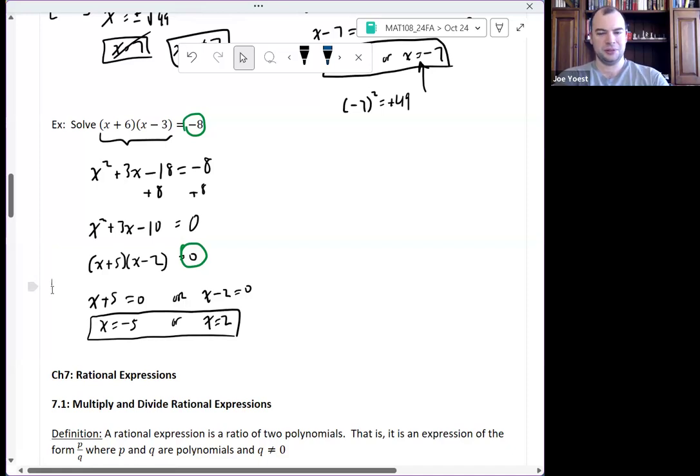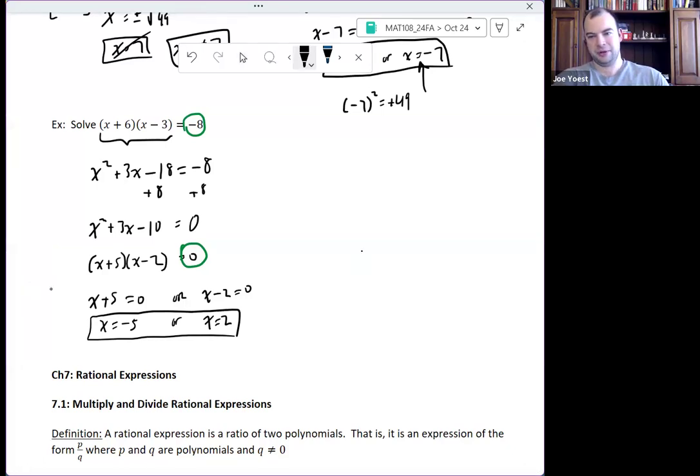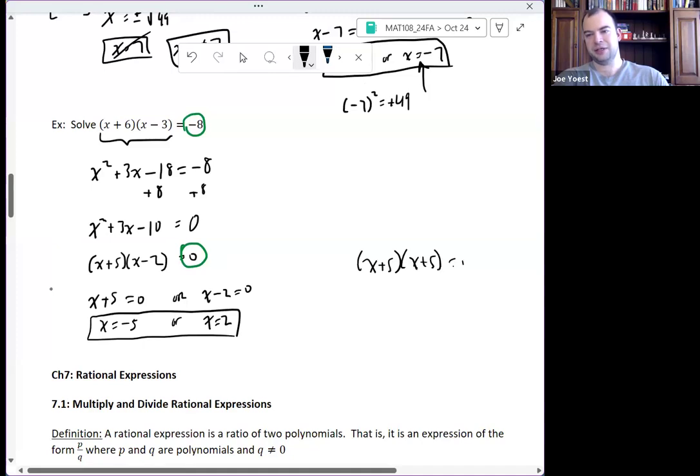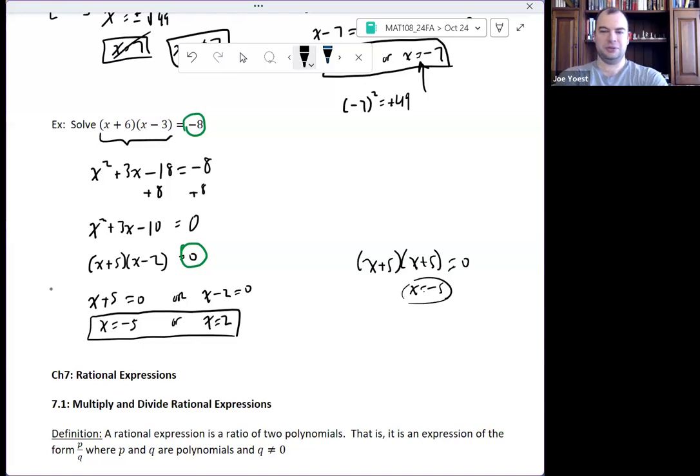Sometimes we can get one solution. For instance, if we had ended up with x plus 5 times x plus 5 equals 0, well, then x equals negative 5 would be our only solution. So maybe from a different problem, we might get an answer like this.